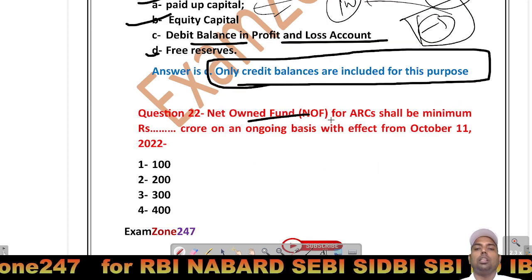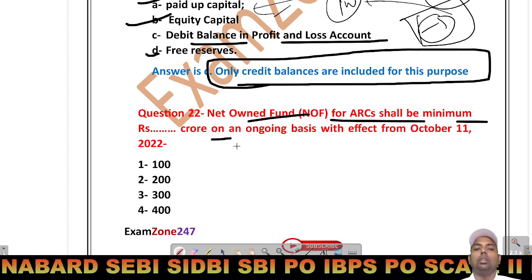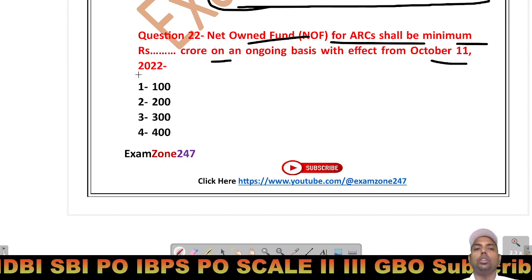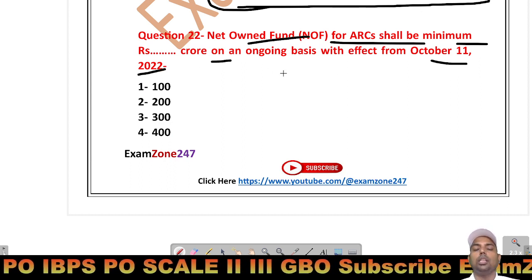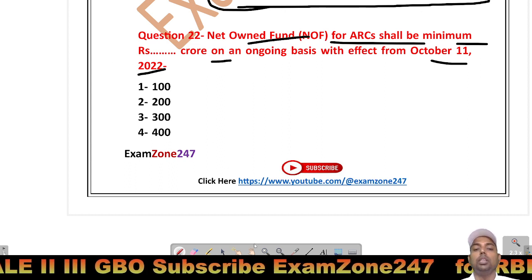Net owned funds for ARC shall be minimum how much crore, if it is effective from October 2022? This question has not been asked yet, but there are fair chances that this will be asked.